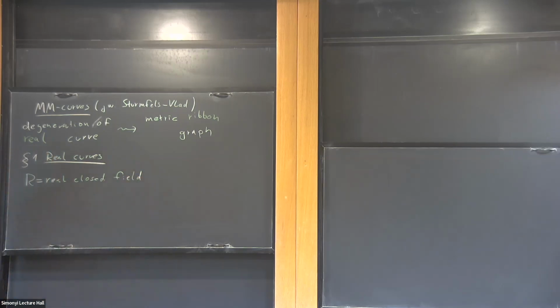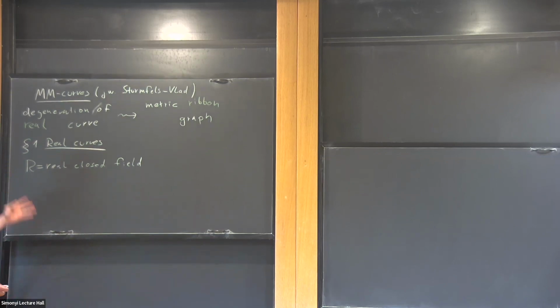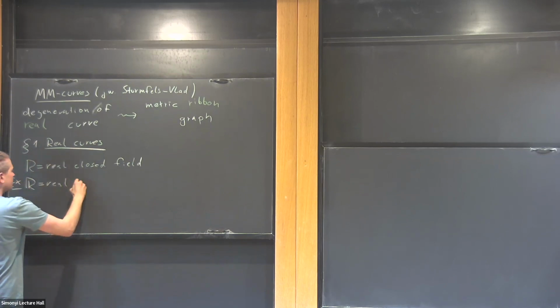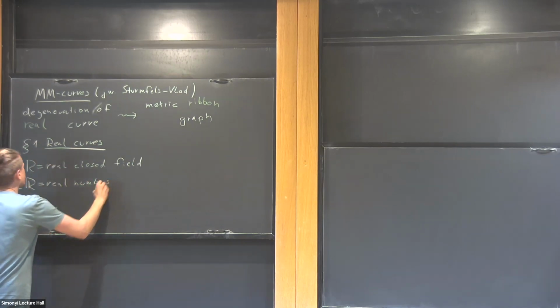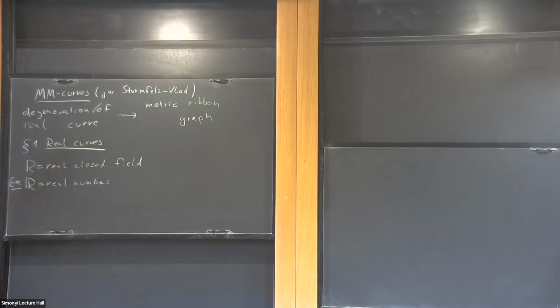This is an ordered field which has a finite algebraically closed field extension. And the nice thing is that every first order logic statement that is true over the usual real numbers, which is an example for a real closed field, is also true over every other real closed field.